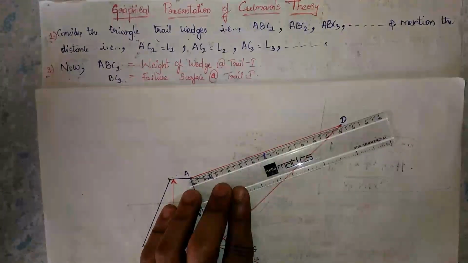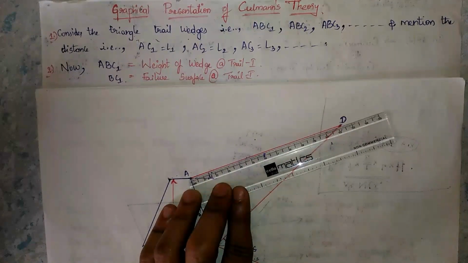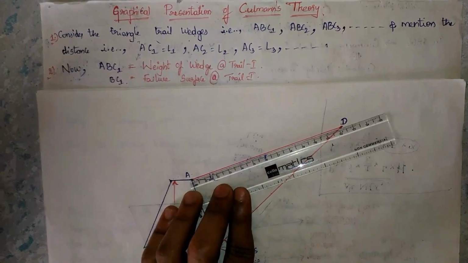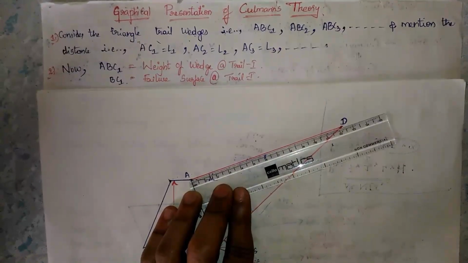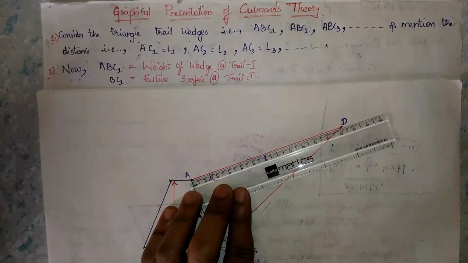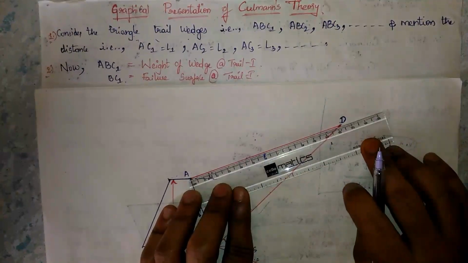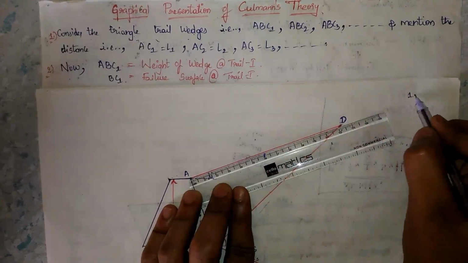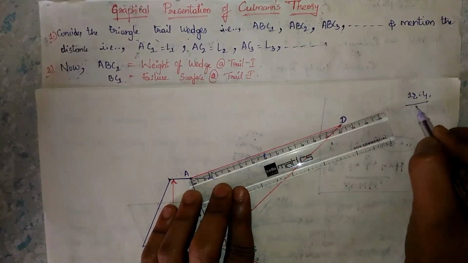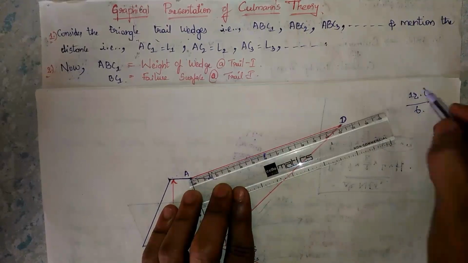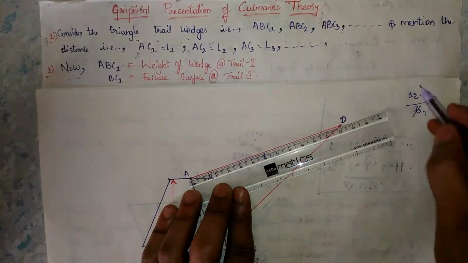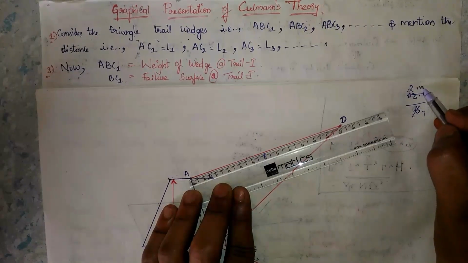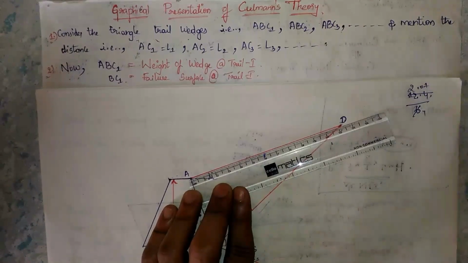For example, now I want to consider 6 wedges. 12.4 by 6, I need 6 trial wedges, so about 2.0-something, or 2.1 for example.